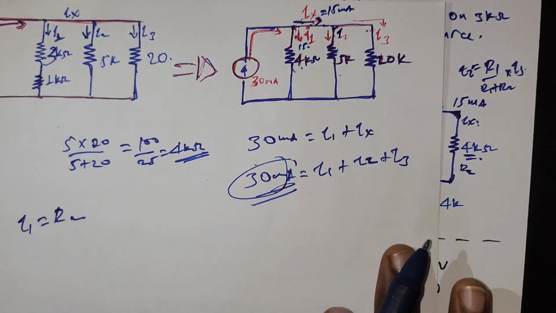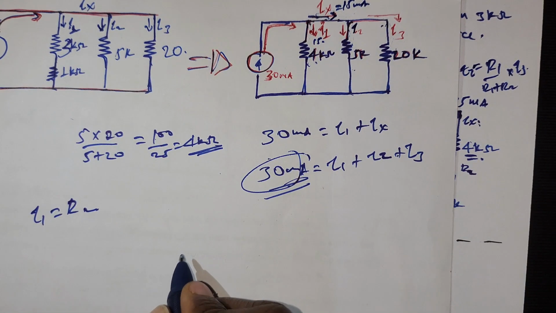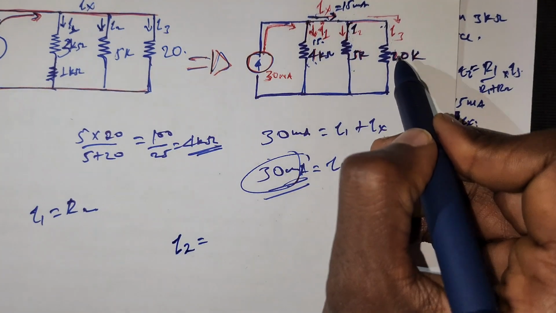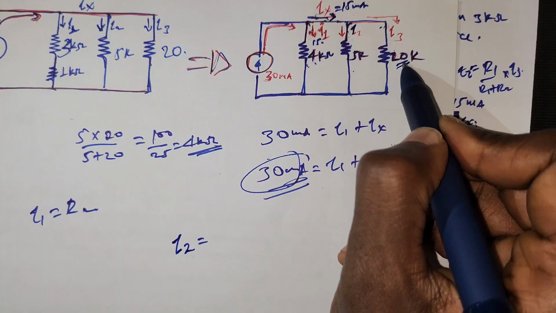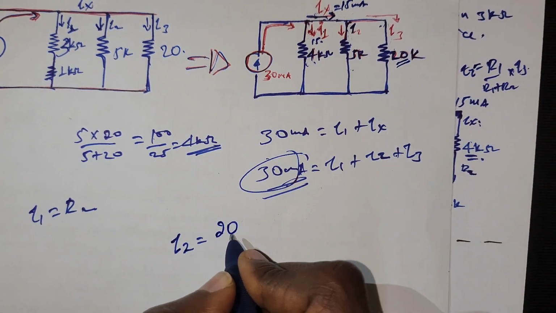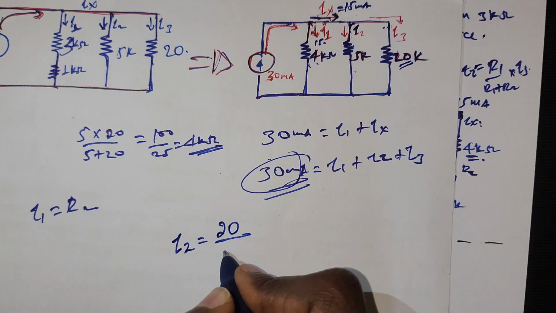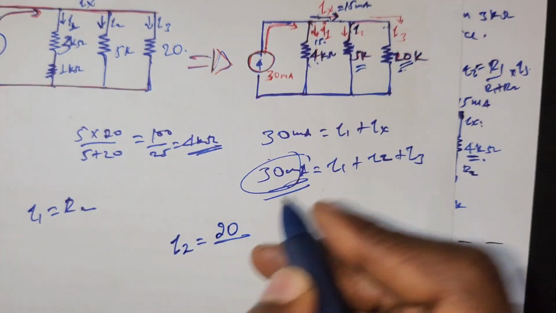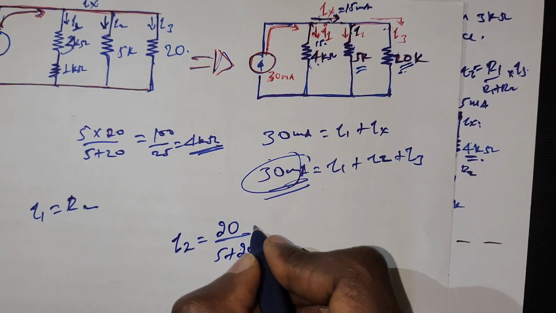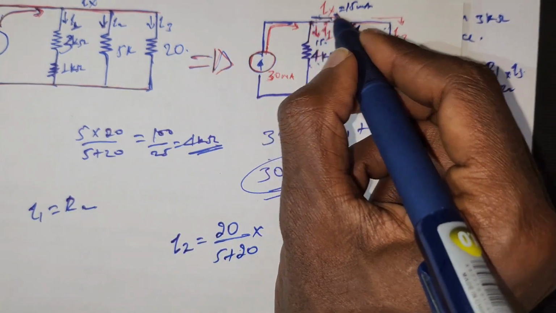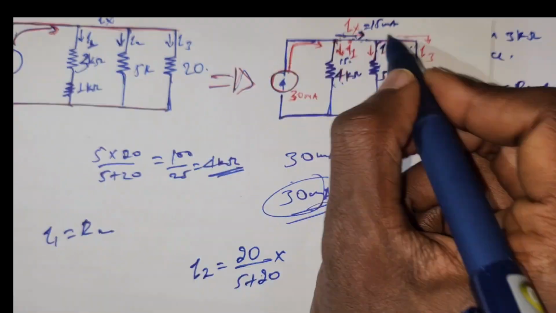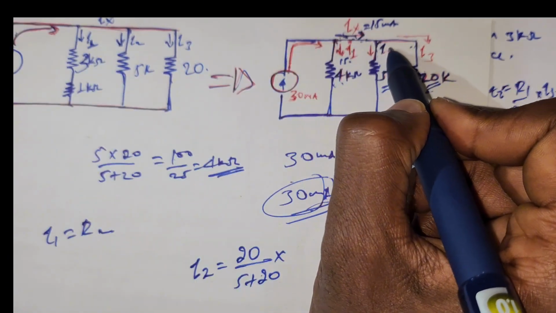To find I2, we take the resistor on the other branch divided by the summation of the two parallel resistors, 5 plus 20, times the current which enters into the junction, their common current.